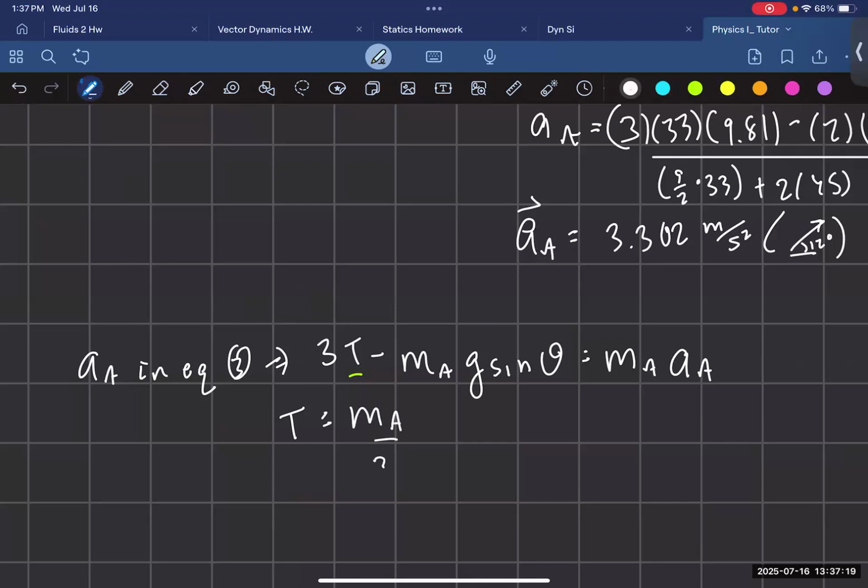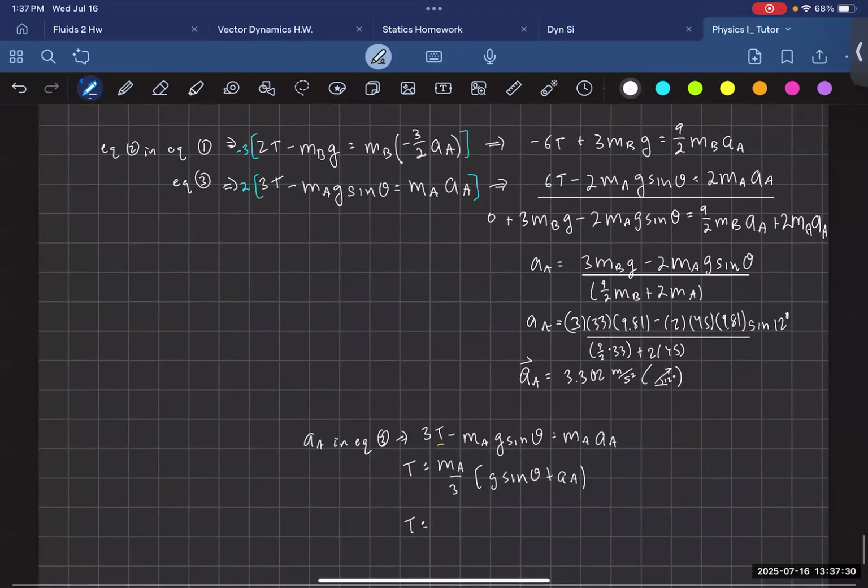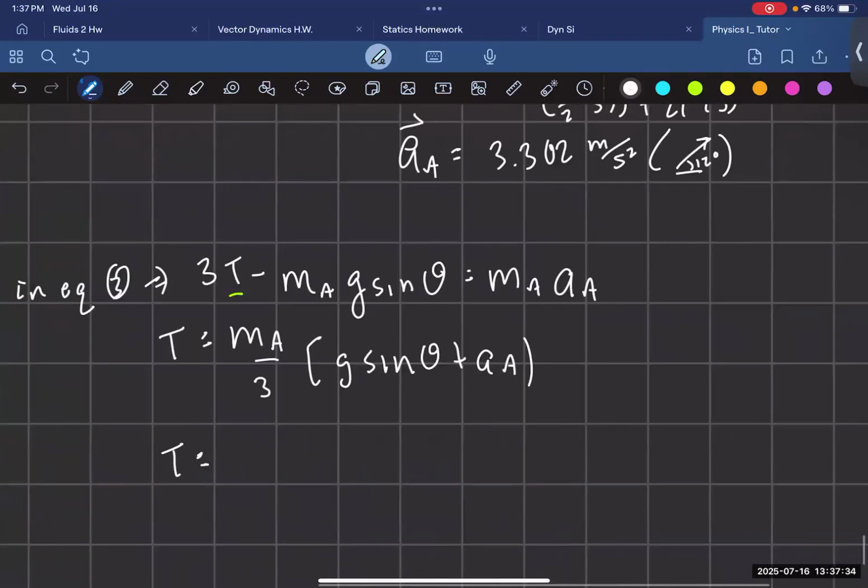Mass of A divided by 3, g sine theta plus acceleration of A. We know the mass of A once again is going to be 45 kilograms. So 45 divided by 3 times 9.81 sine 12 plus 3.302.